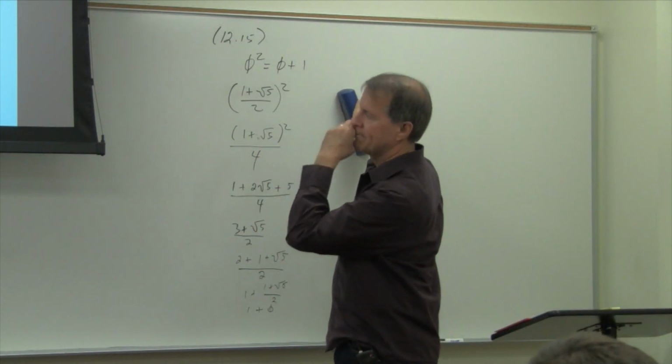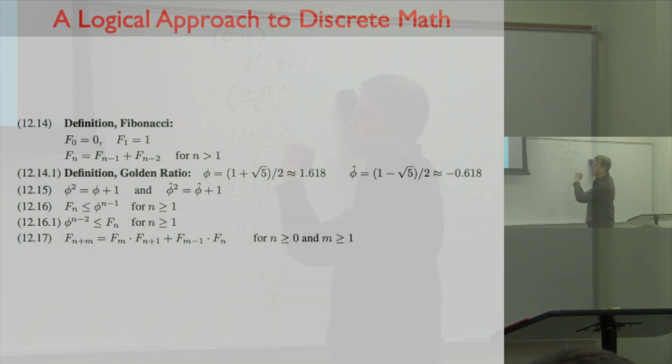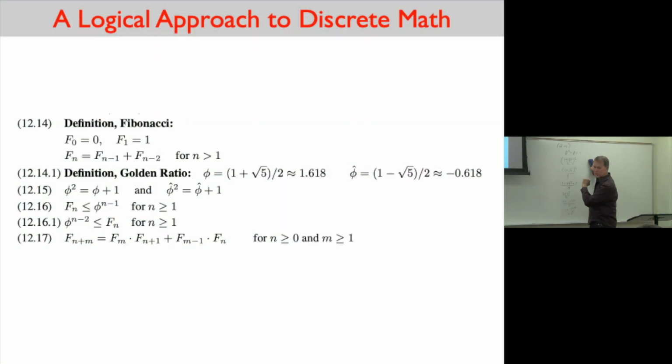But anyway, now the interesting one is 12.16, right? Let's prove 12.16. It is an inequality. And now what we're going to do is use what technique? Proof by induction, mathematical induction.